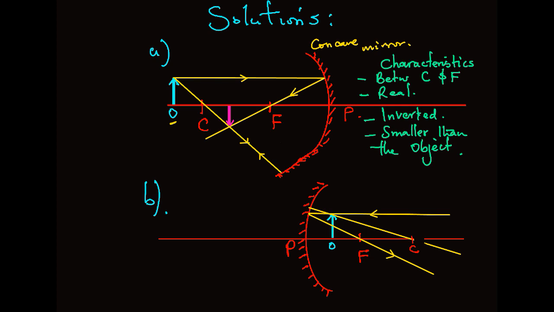So to find the point where the two rays intersect, we need to extrapolate the rays. So this is the ray that is reflected to pass through C. We need to extrapolate the rays in order to find the point where the two rays intersect. So we extrapolate the reflected rays.